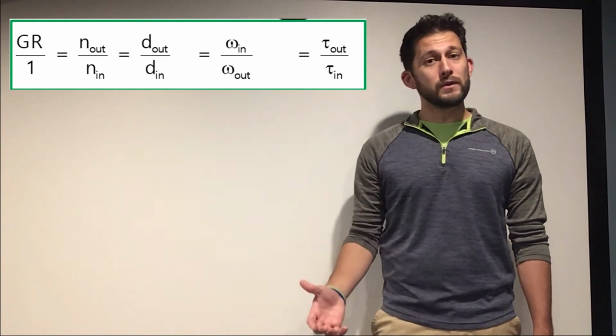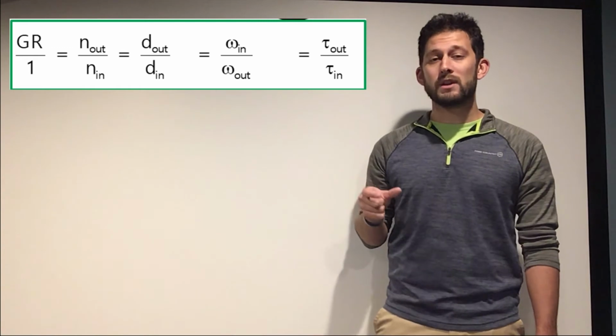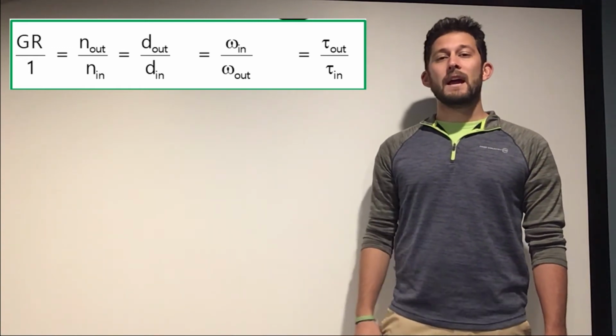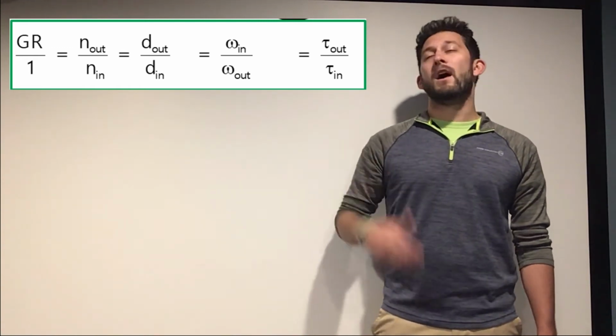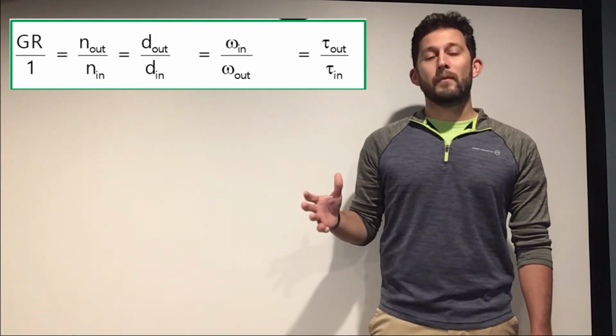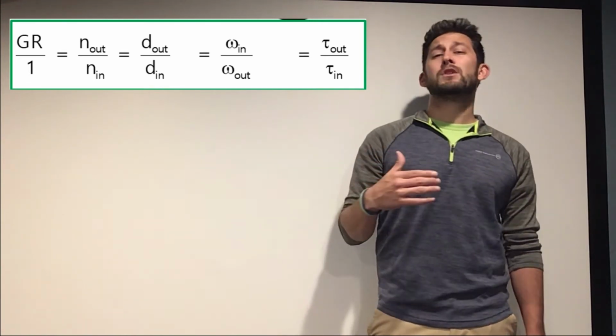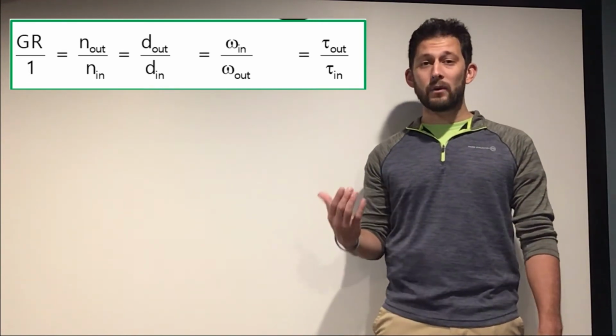But what's super useful about that is I can pick and choose which pieces of the equation I want to use. So let's say I identify all my knowns and unknowns, and I find that I have a lot of information about angular velocities. I don't have any teeth information or diameter information or torque information, and I need to find gear ratio.